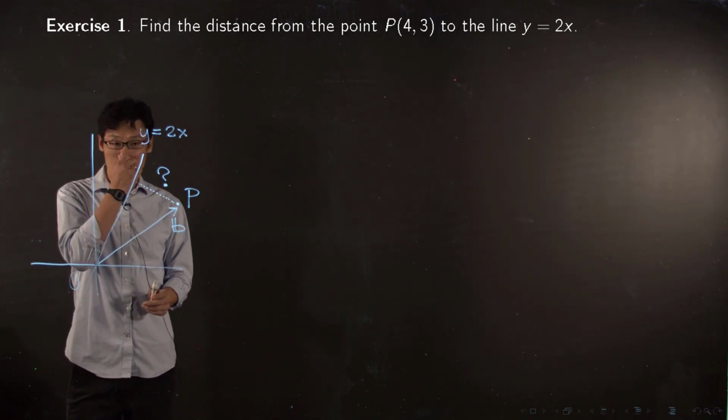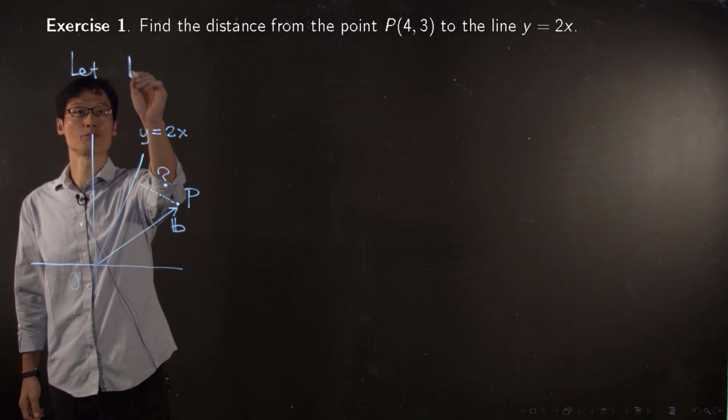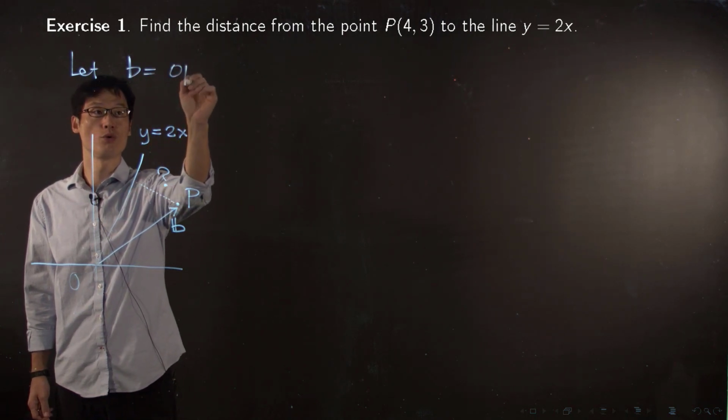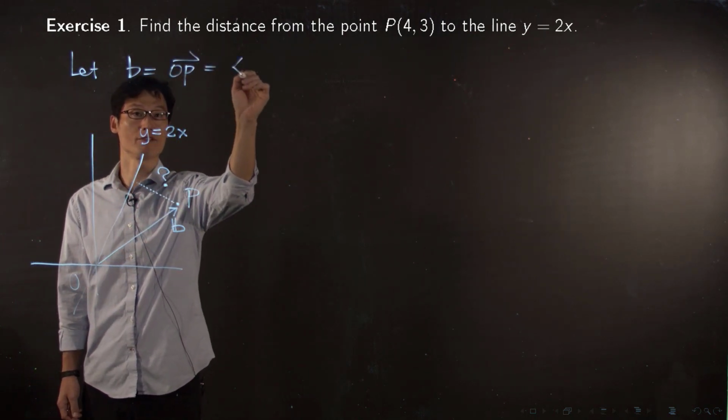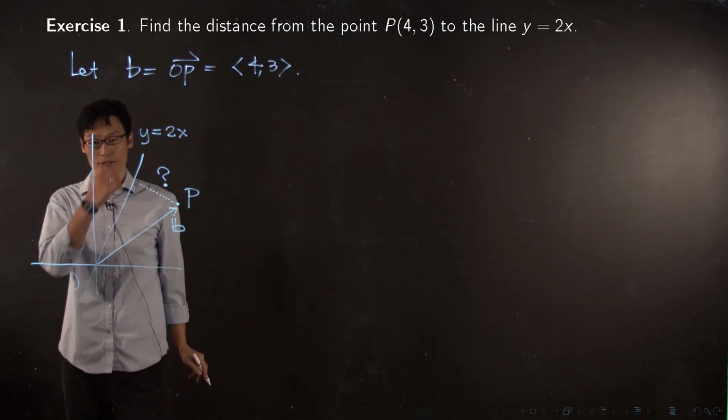So let vector B be OP. So we have vector (4, 3). Good.